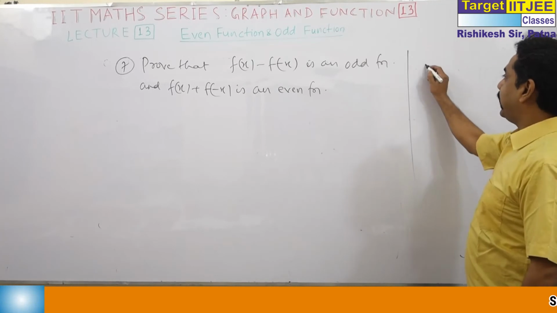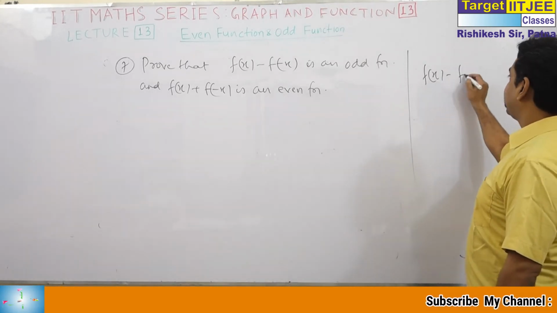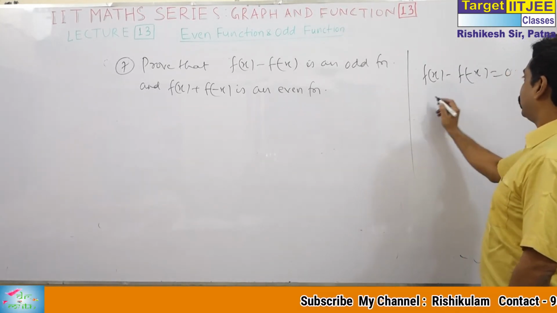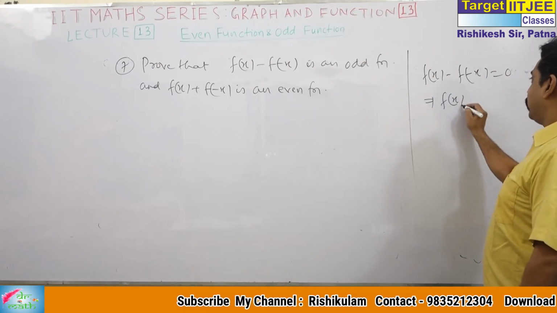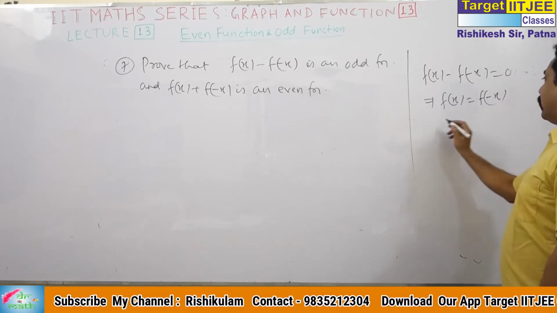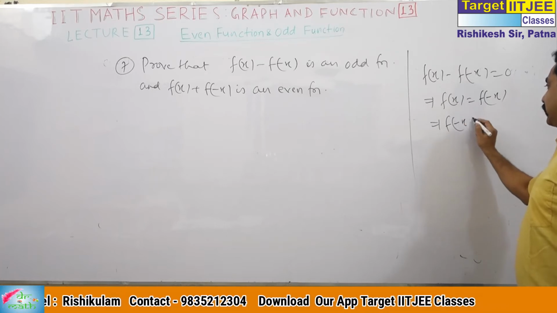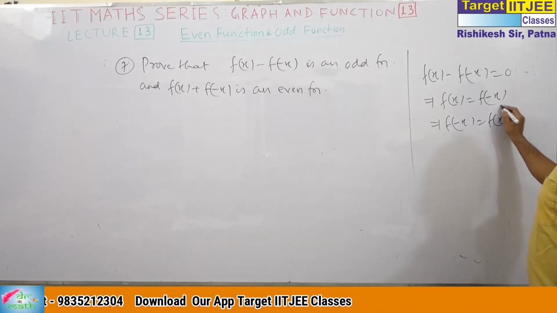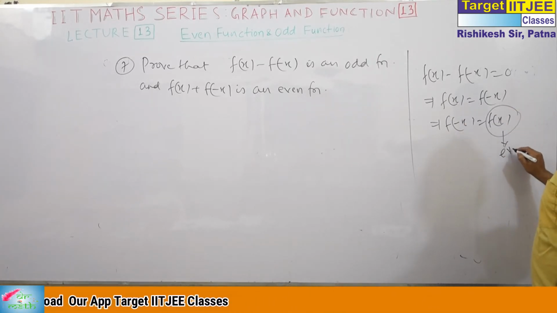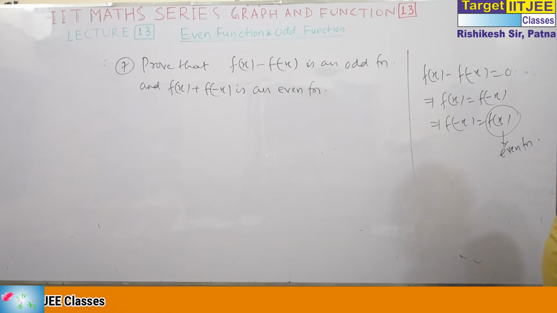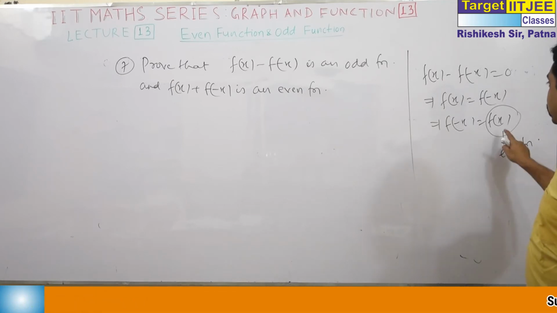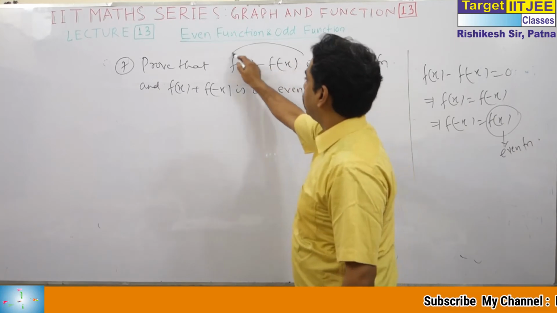What I have written: when fx minus f minus x is equal to 0, then fx is equal to f minus x, or you can say f minus x is equal to fx. This implies fx is an even function. But contrary to this, I am telling that this is an odd function.